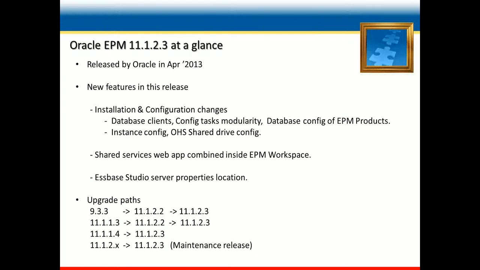If we are on 9.3.3 or version 9, they have to upgrade to the 11.1.2.2 version directly, and they can apply the maintenance release to get to 11.1.2.3. Or if they have 11.1 in the current deployment, they can either go directly to 11.1.2.2 and then 11.1.2.3, or they can go to 11.1.2.3 directly from 11.1.1.4.